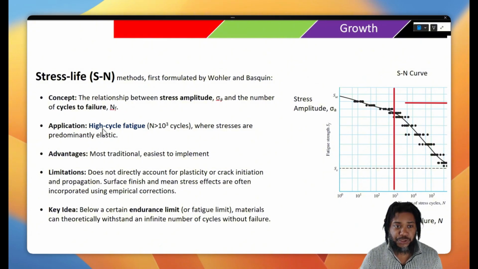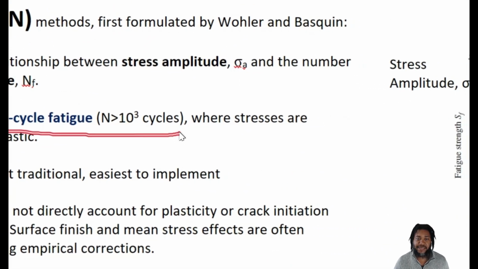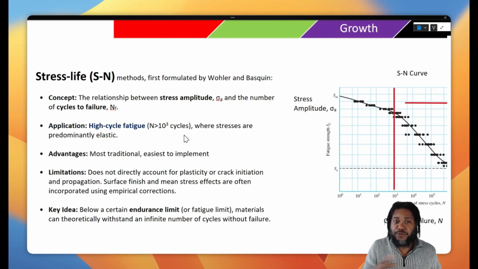This method works primarily for high cycle fatigue, when the number of cycles to failure is greater than 1,000 cycles. When we're greater than 1,000 cycles, this means that we're mostly cycling at stresses well away from the yield strength, so kind of low nominal stresses.